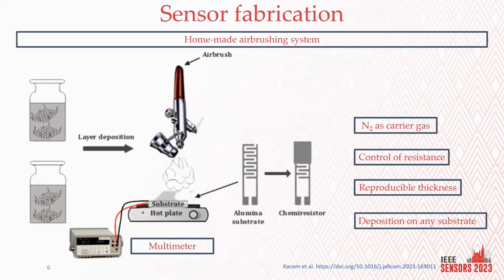The substrates we keep on a hot plate to make sure that we get reproducible films with reproducible thickness and resistance. We connect the substrate in real time to a multimeter to monitor the resistance so as to get reproducible thickness films. We use nitrogen as a carrier gas to transport the material to the substrate. This also gives us the flexibility to deposit the films on any kind of substrate.